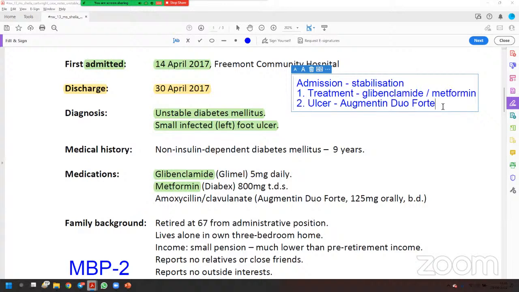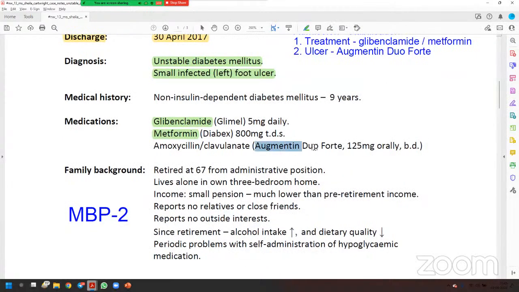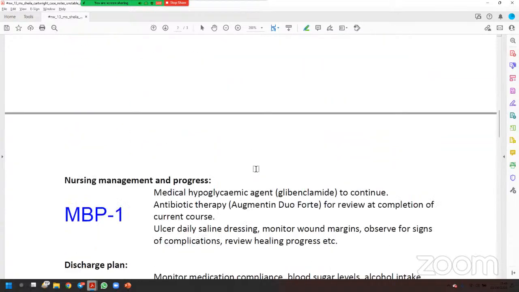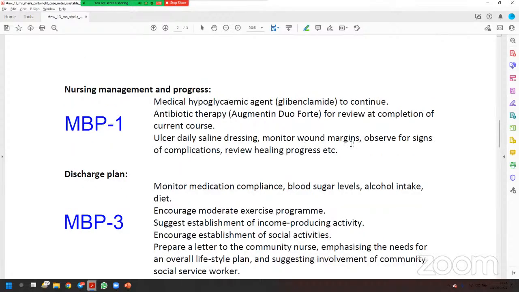And then what next you can do is, these are the medications, Augmentin Duofort. Now here, review at completion of course. See here, medical hypoglycemic agent to continue, and antibiotic therapy for review at completion of current course.